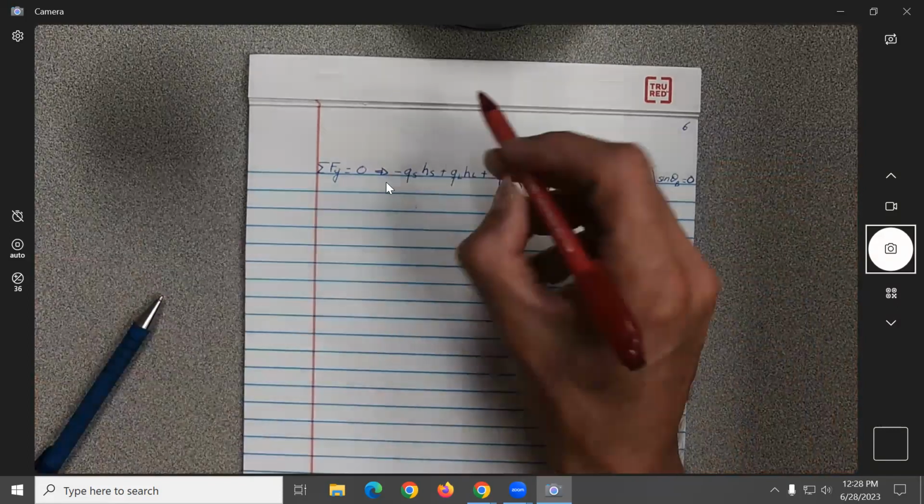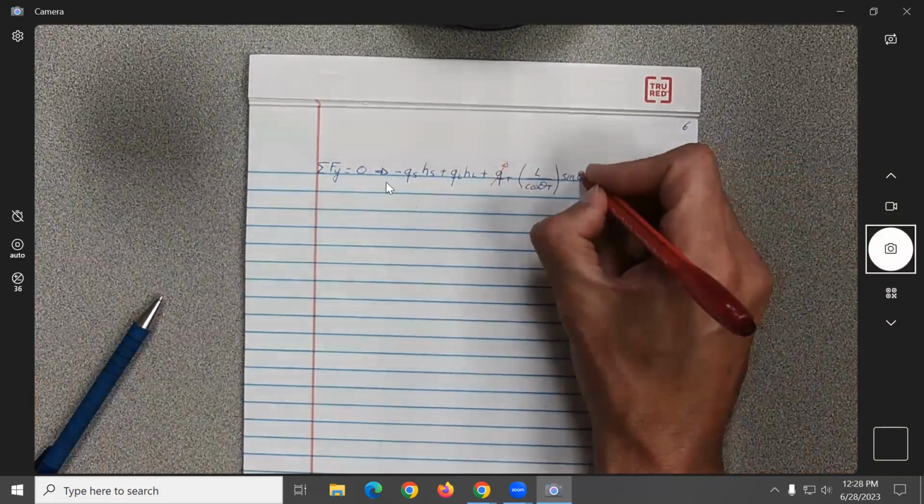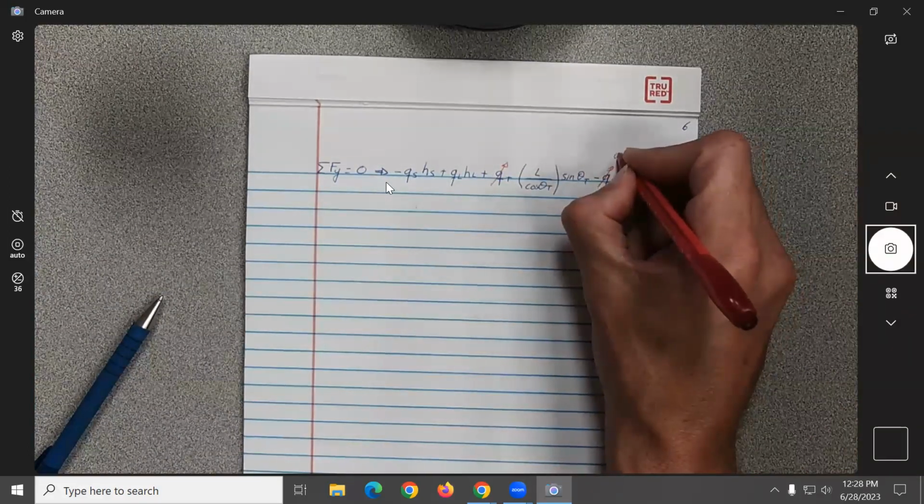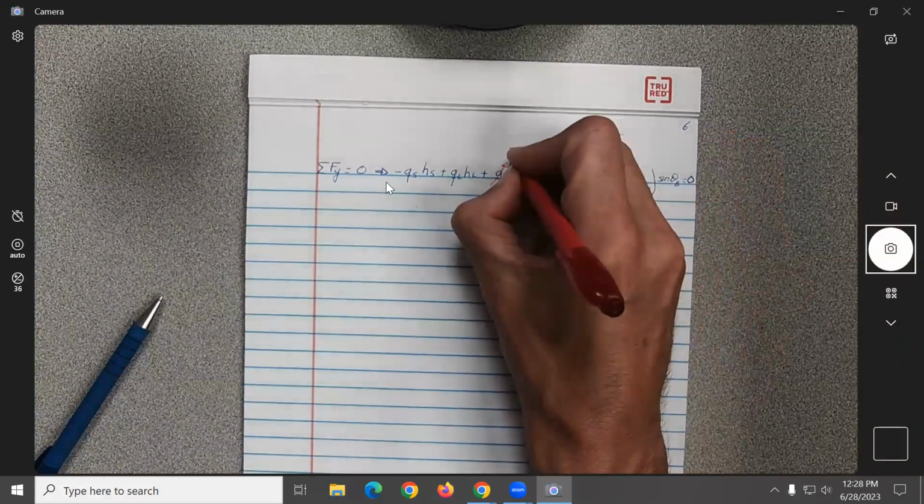But recall the notation that we just said, for Q top, Q low, we use the different notation. This is Q hat.